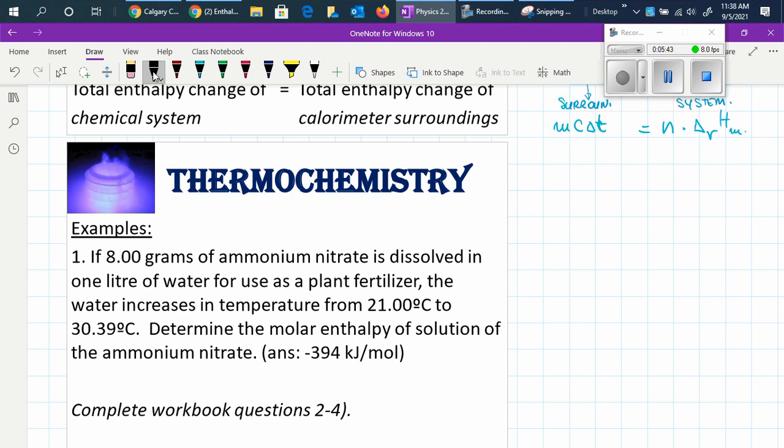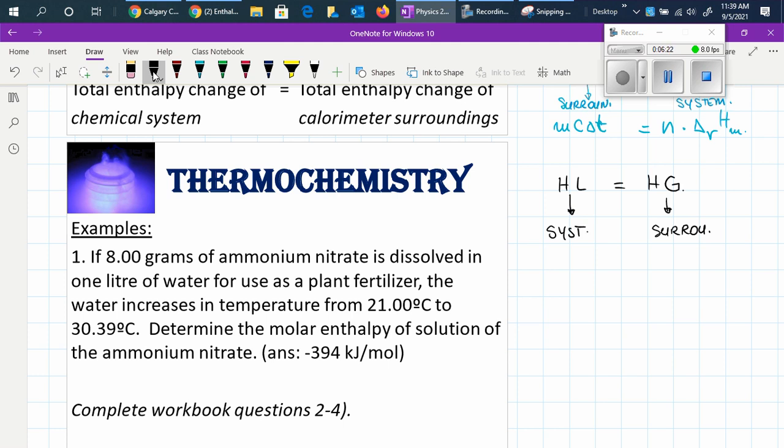The logic is that heat lost is equal to heat gained. Since the temperature of the water, the surroundings, increased, the surroundings will be gaining.